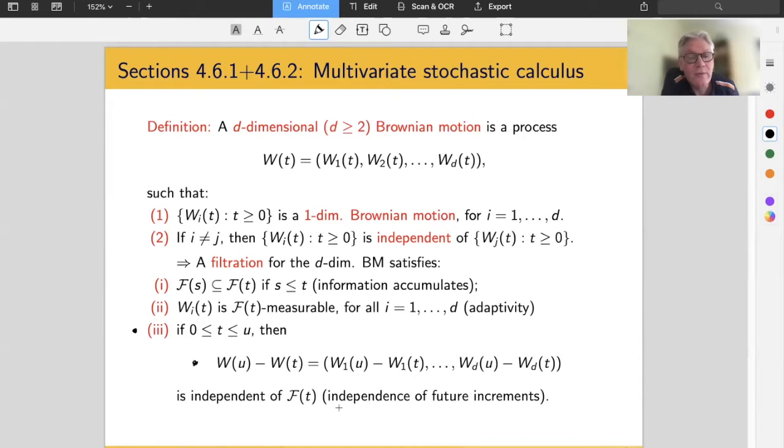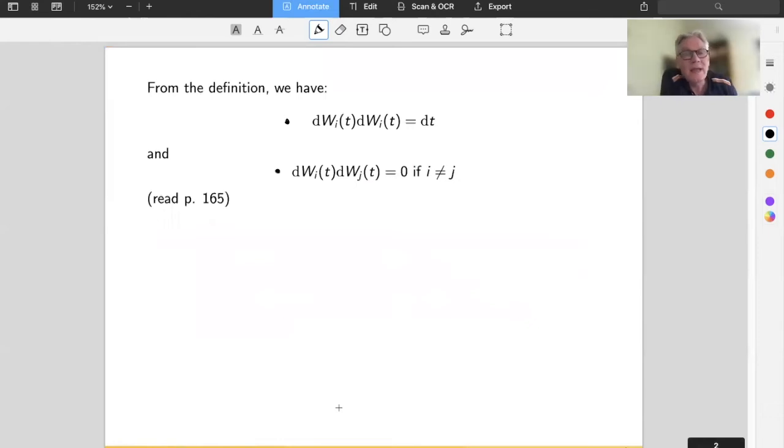Now, if you remember, the differential notation was very convenient. From this definition, we can write in terms of the differential notation: d[Wi, Wi](t) is dt. Think of the first property that says it is a one-dimensional Brownian motion, and that immediately implies that.